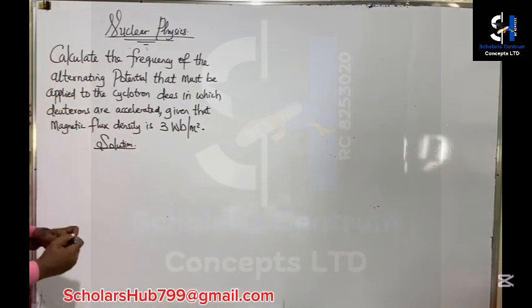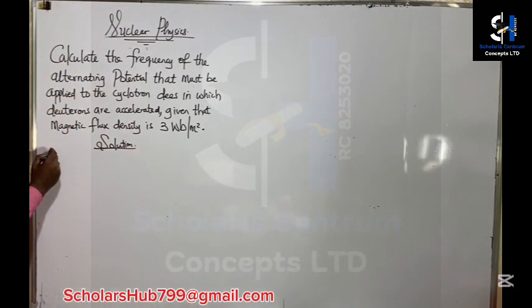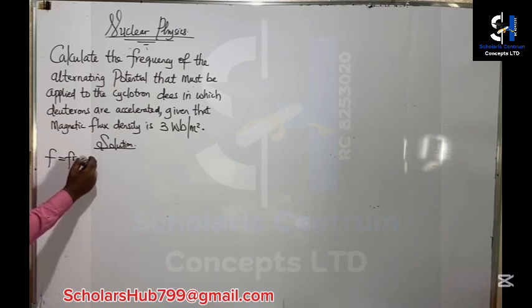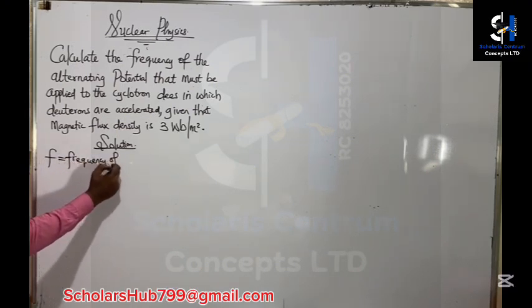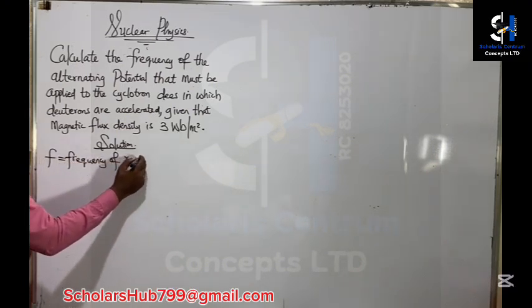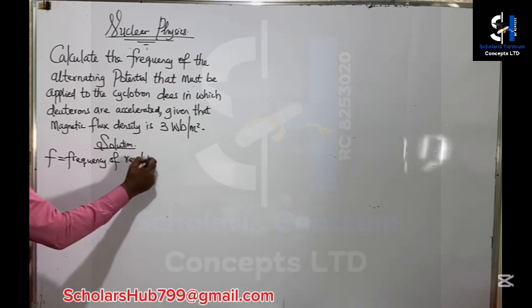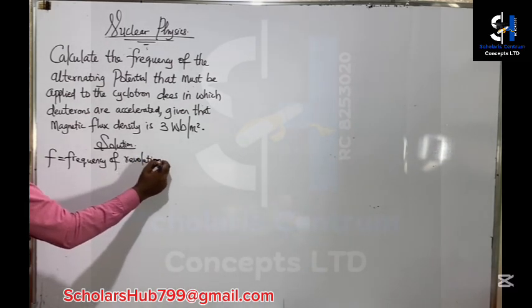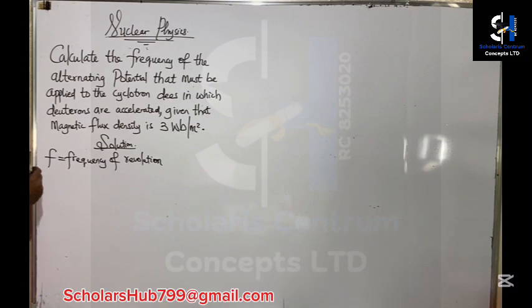So we have the frequency of revolution, F. We can also use the letter V to represent the frequency of revolution.